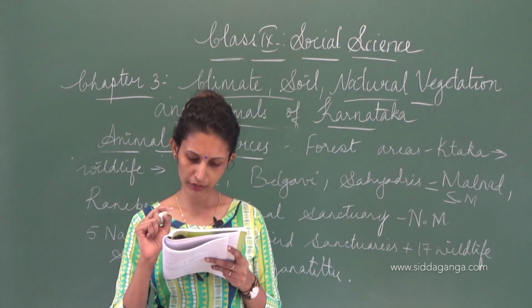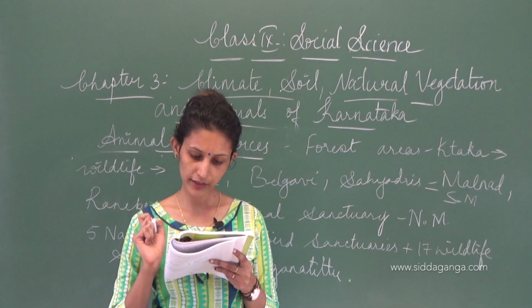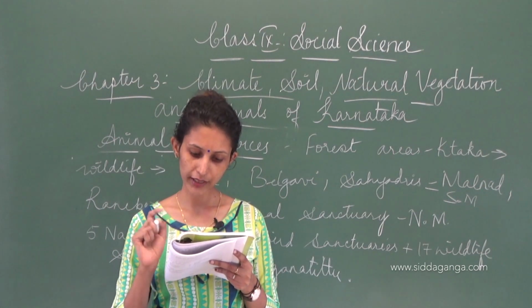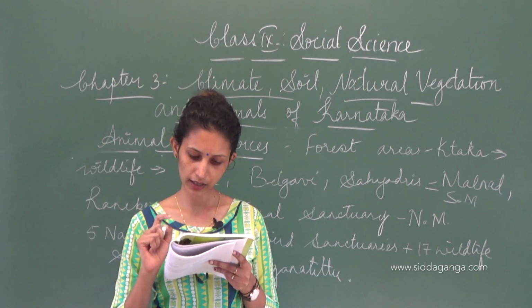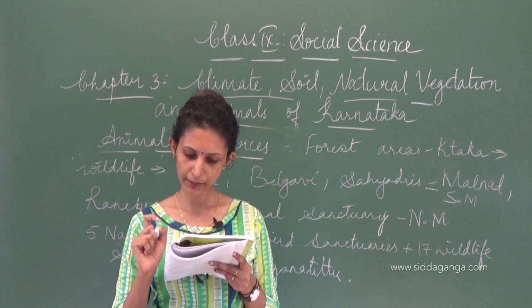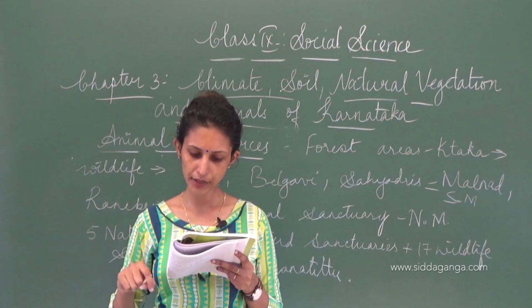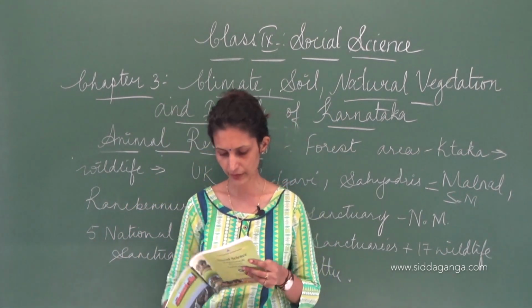In Kudremukh that side there is Bhadra wildlife sanctuary. Then Shitali, Mandagadde, okay, Brahmagiri, Talakaveri, Nagarhole, Arabittu, Ranganatittu, okay, Melukote, and Bannerugatta on the side there, and Bandipur in the lowermost position.